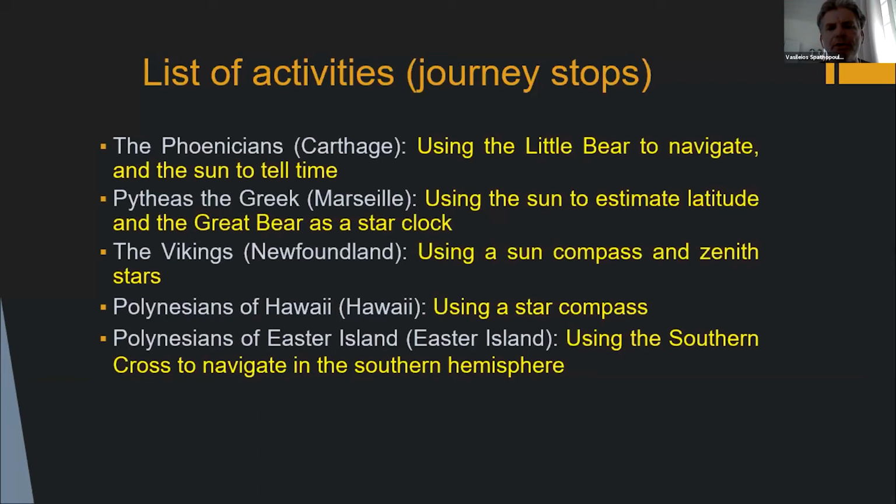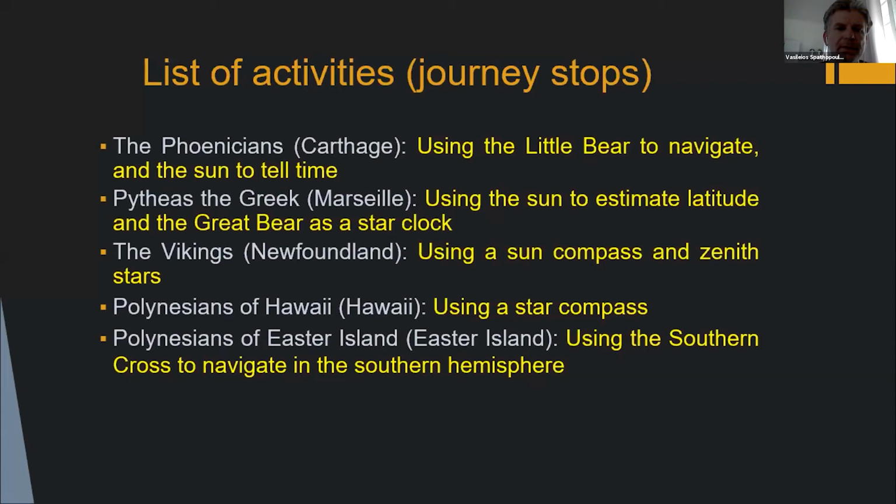We then move on to Newfoundland. Newfoundland is an island in modern-day Canada. The Vikings arrived there almost 500 years before Columbus visited America. And of course, again, to do this, they must have been great sailors, great navigators.